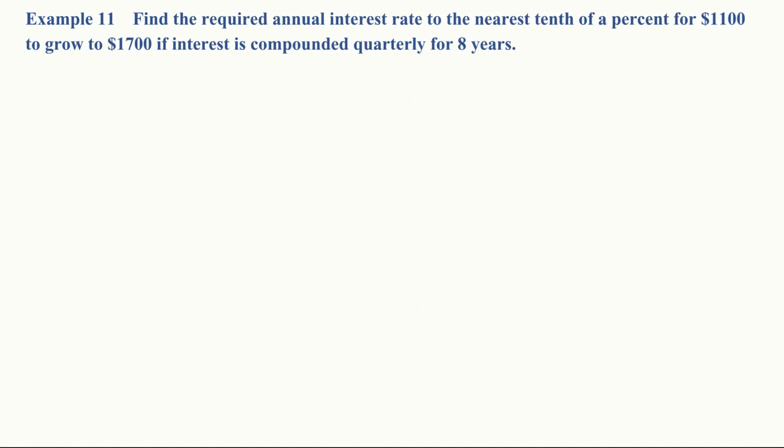All right, so here's one where the annual interest rate is what's going to be the unknown. So we'll handle it in pretty much the same way using the same formula, because again, it's going to be a periodic compounding situation. So once again, that's the formula we're going to use.